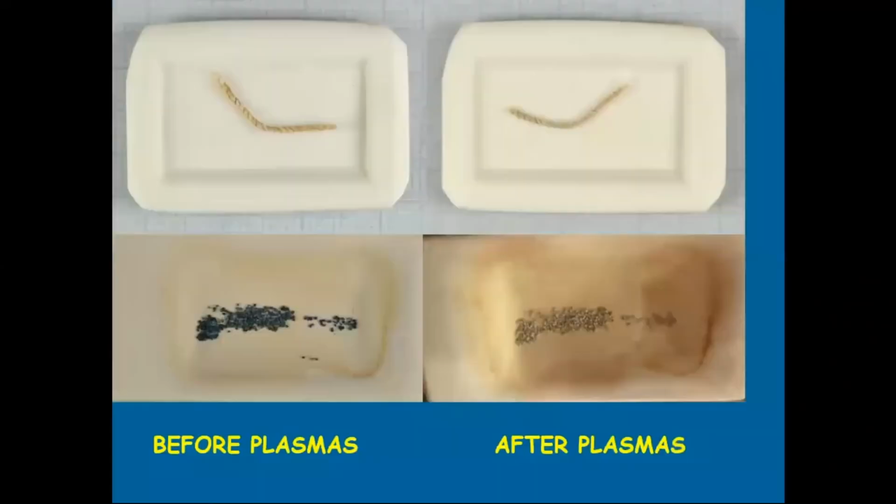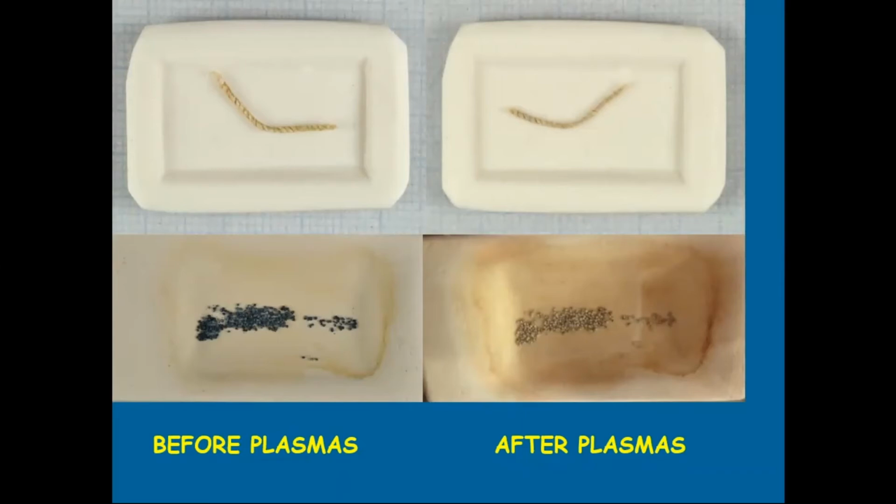This shows the undyed linen that we radiocarbon dated. The picture on the left side on the top shows it before any plasmas were taken. On the right-hand side, it shows it after we had taken enough for 4 radiocarbon dates. And you can see that there's virtually no change, and that fiber has been archived and can be used for further studies in the future.